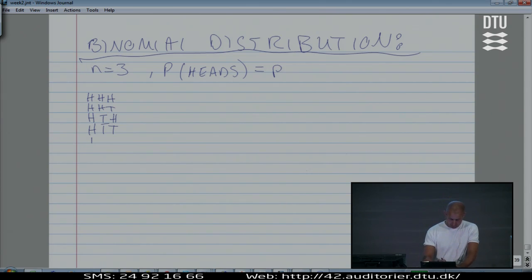Where I take the same, but start with tails: tails, heads, heads; tails, heads, tails; tails, tails, heads; and then at the end, tails, tails, tails, right? I should remember not to mumble too much, I realized. These are the 8 different possibilities.